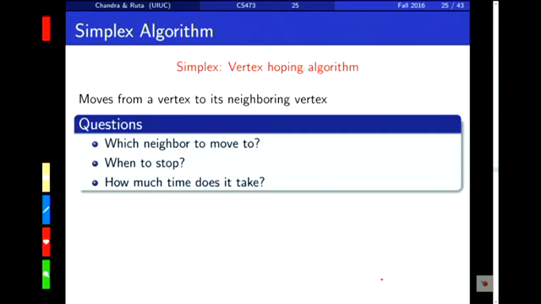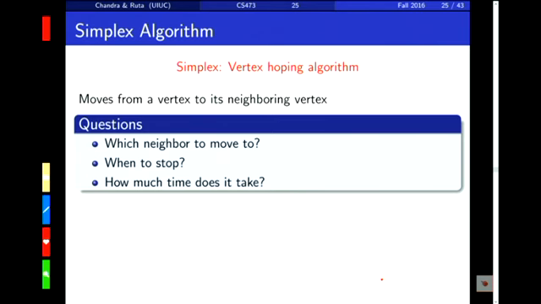The questions are which neighbor to go to, right? And when to stop. How do we know that the current vertex is the optimum vertex? And how much time would it take? Why are people still using it? I mean, this is like a 60, 70 year old algorithm.